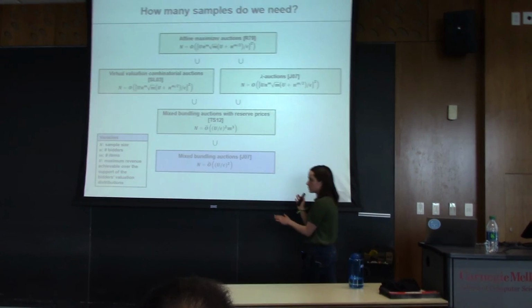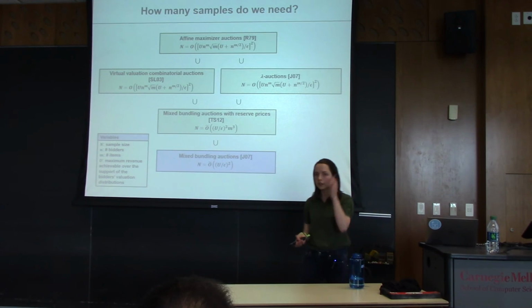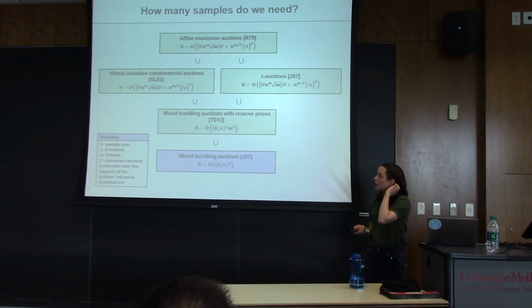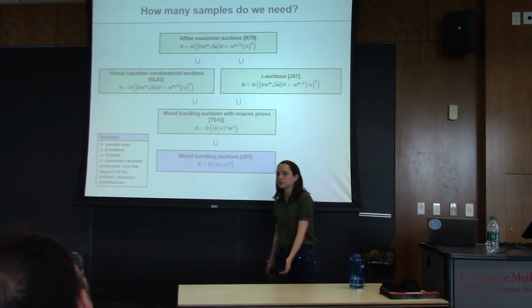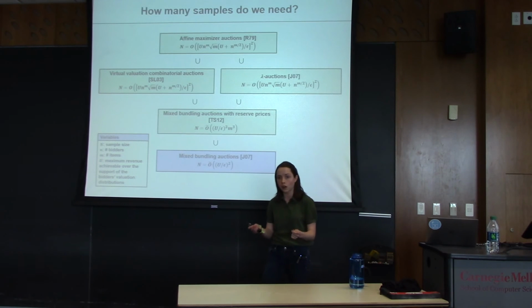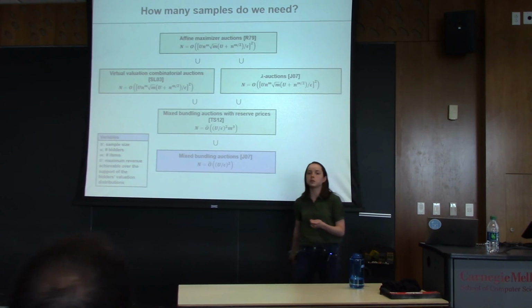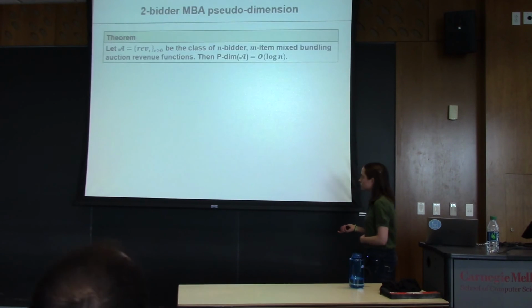So, now back to mixed bundling auctions. How can I use pseudo-dimension to understand them? Just to remind you what a mixed bundling auction is: I have these n outcomes, one bidder gets all the goods, the grand bundle, and we boost all those outcomes by some parameter c.